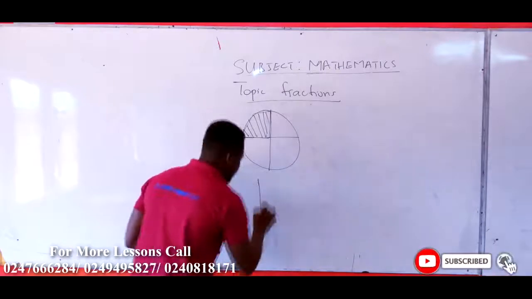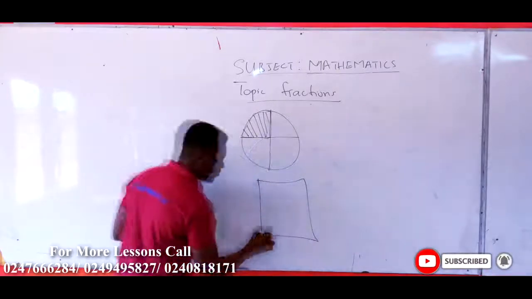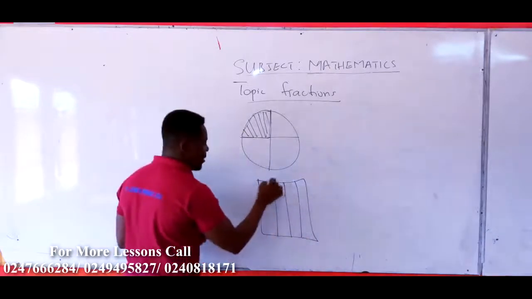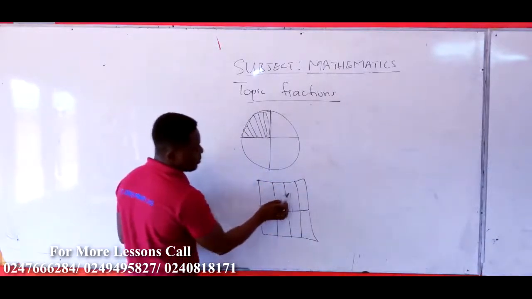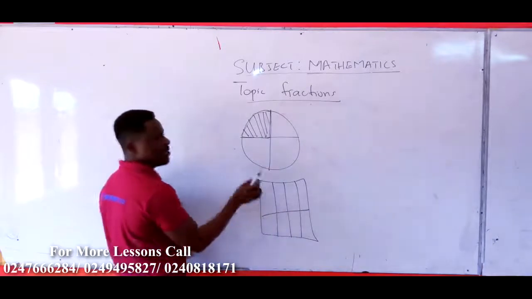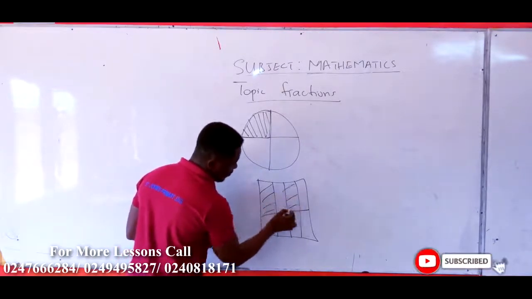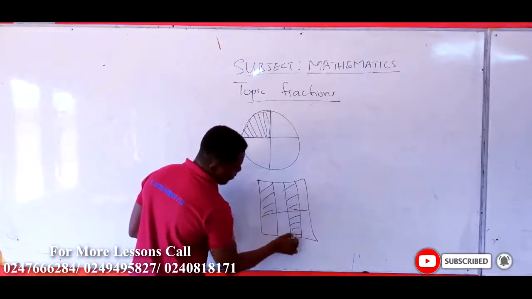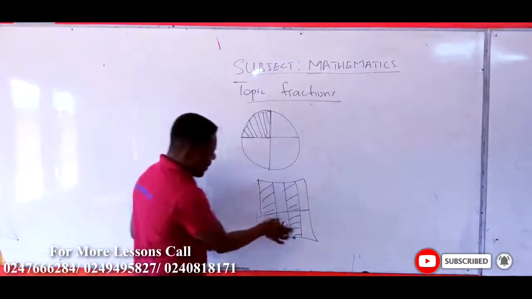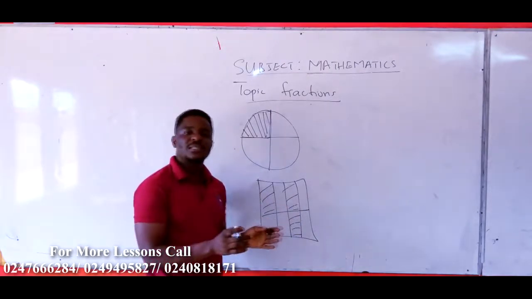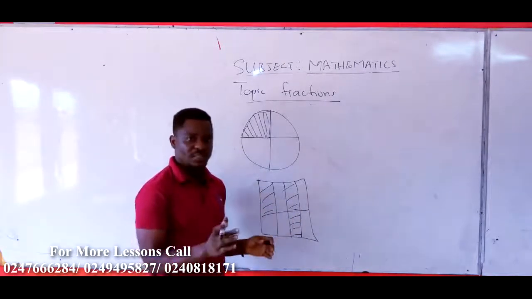The same way, this is an object divided into how many parts? 1, 2, 3, 4, 5, 6, 7, 8 parts. Now if I take this portion, I have taken 1, 2, 3. The 3 parts I have taken are a fraction of the whole object.